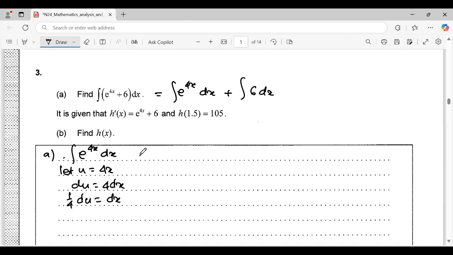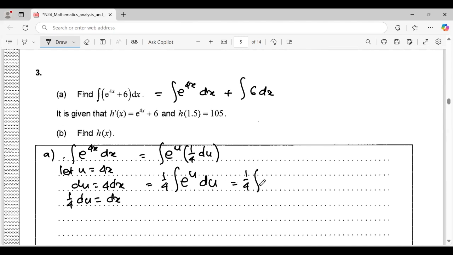So the integral becomes the integral of e power u times 1/4 du, or the integral of 1/4 e power u du.